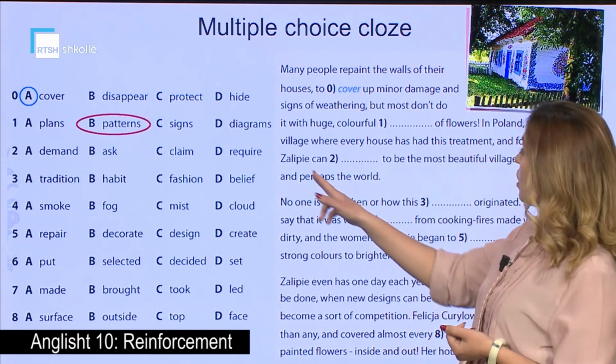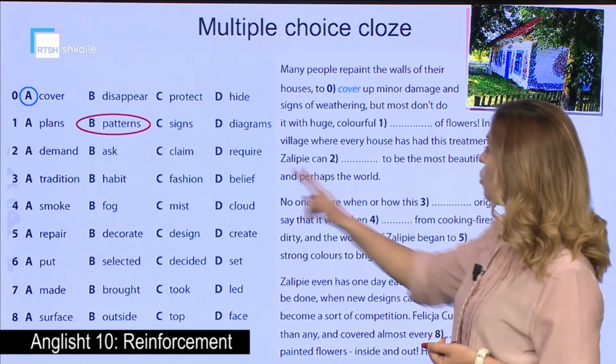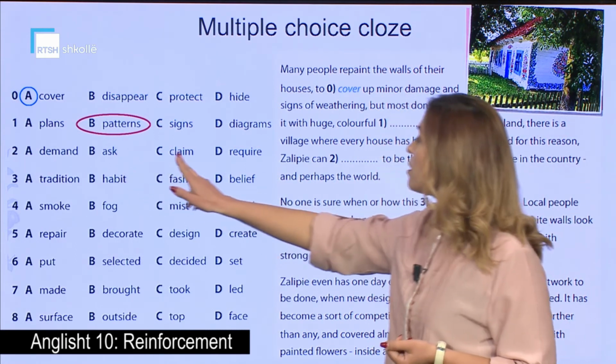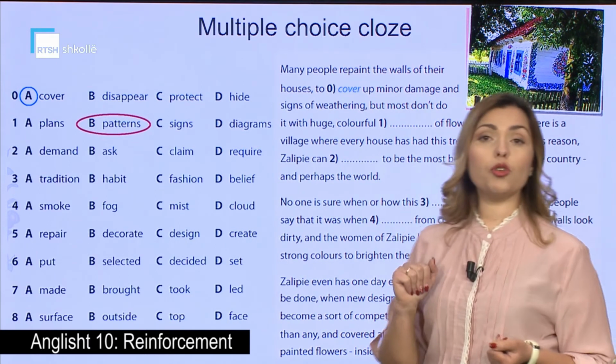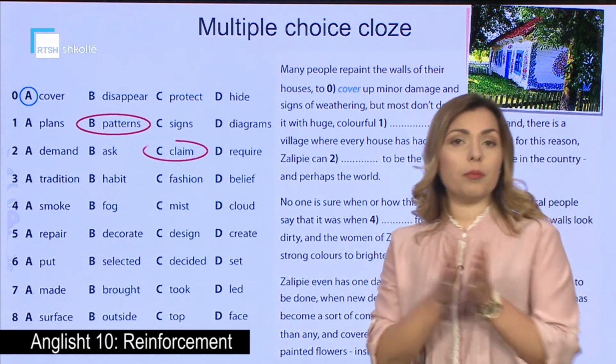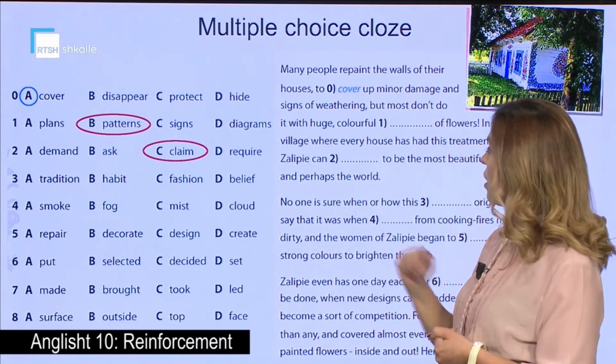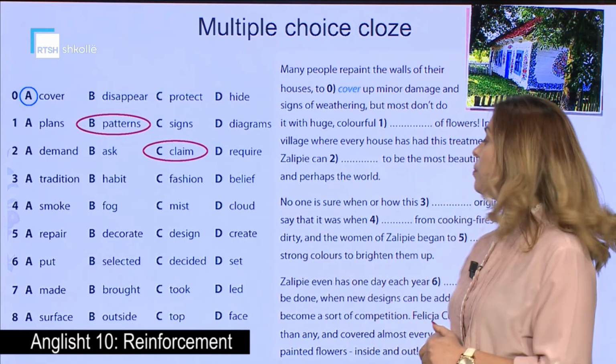So, Zalipi can, what? Look at the words: demand, ask, claim, or require to be. This is an expression. So, Zalipi can claim to be the most beautiful village in the country and perhaps the world.